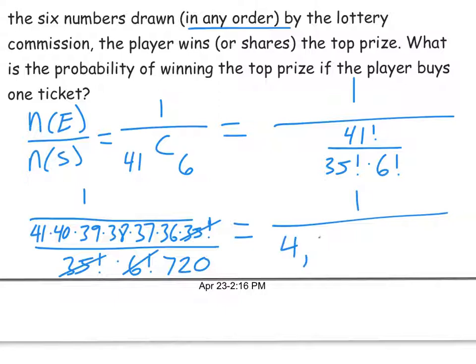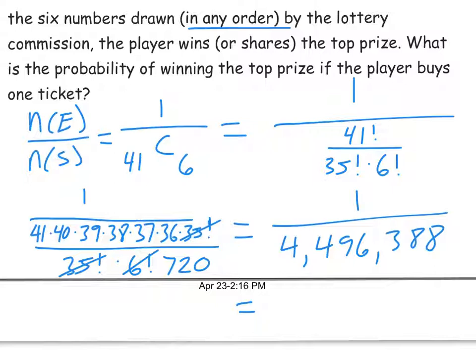The bottom would come out to be 4,496,388. Your odds would be 1 out of that because we only bought a single ticket.